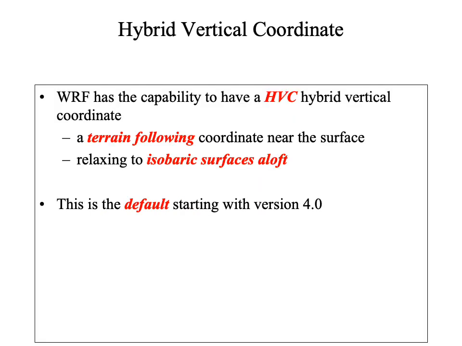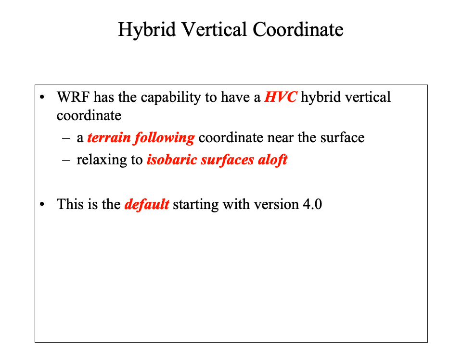The WRF model, and therefore the REAL program, both support a hybrid vertical coordinate. The hybrid vertical coordinate is such that it is a terrain following vertical coordinate near the surface, so where there is topography, the coordinate surfaces move up and down with the topography. And then it relaxes towards an isobaric surface aloft.